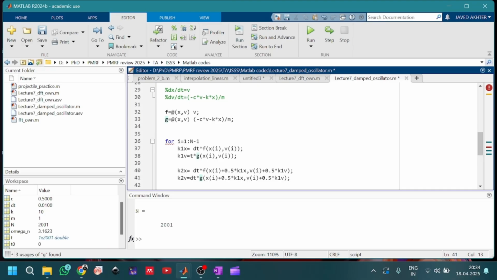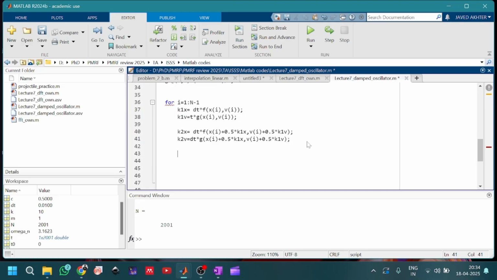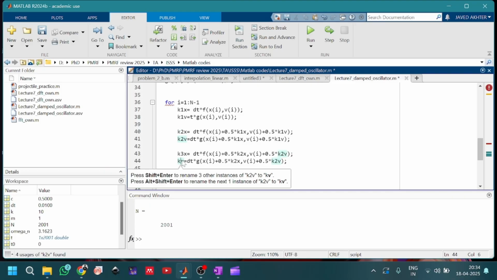Similarly, in the same way, you can calculate k3x and k3v. Here we have k3, this will be k2, this will be k2, here also you will have k2, and this will be k3. After that we will have k4.